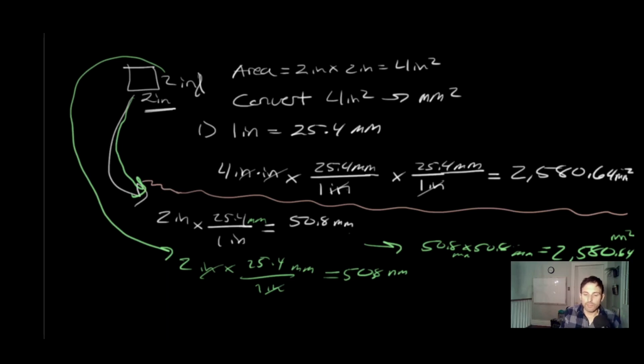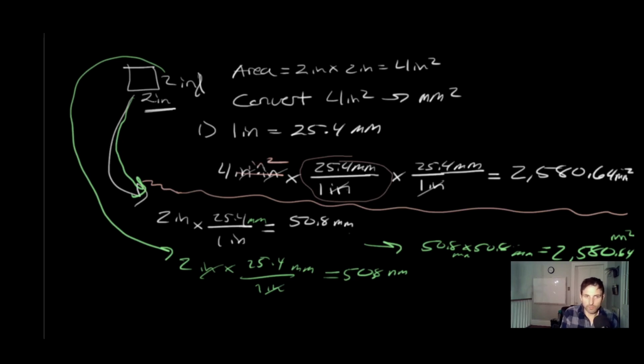So whenever you see anything that's squared or cubed or anything like that, you have to recognize you don't just do this conversion one time. You do it however many times the unit is used. Since this is inches squared, we have to convert it once and then use the same thing again.